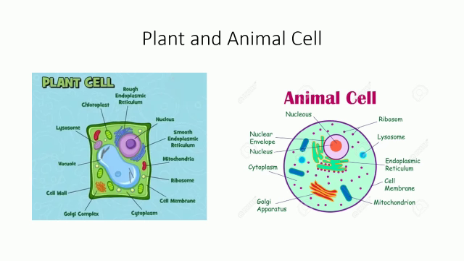The cell has four main parts: the cell wall, cell membrane, cytoplasm, and cell organelles. Cell wall is the outermost covering of a cell and it is present only in the plant cell. Plasma membrane. Plasma membrane is also called the cell membrane.